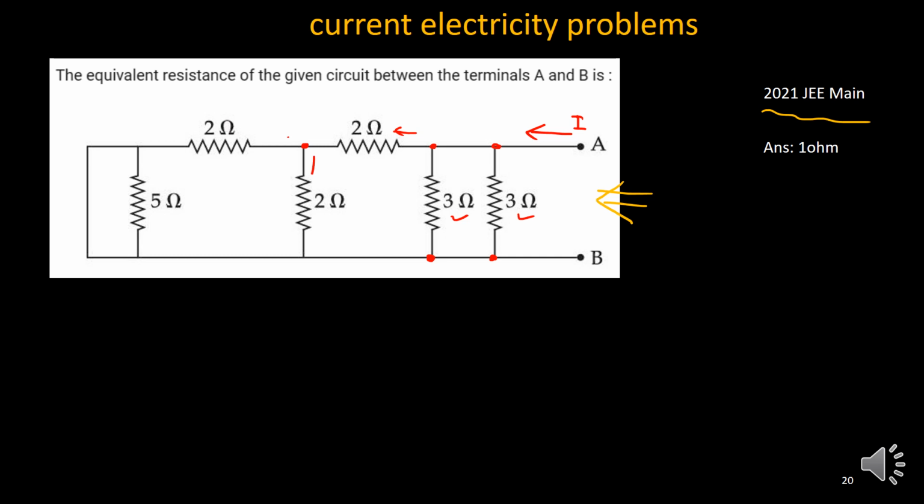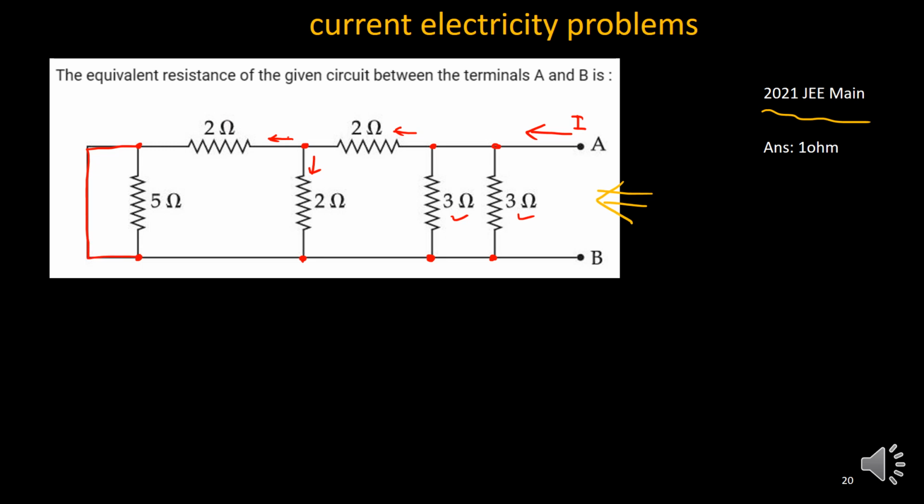Now there is again another branching here. There is a possibility that this 2 ohm will be parallelly connected, between this end and this end. Now you have to look at this one. This point and this point, these 2 points are actually the same point. And now here there is a short circuit.